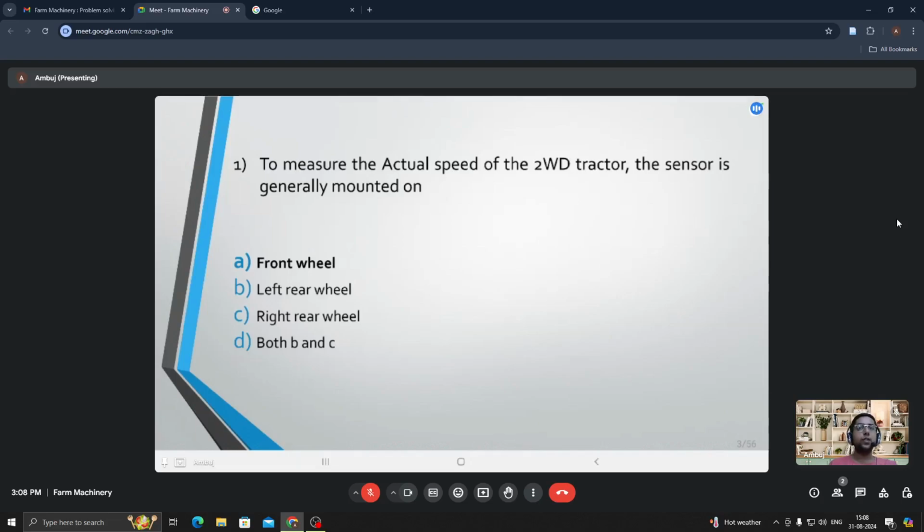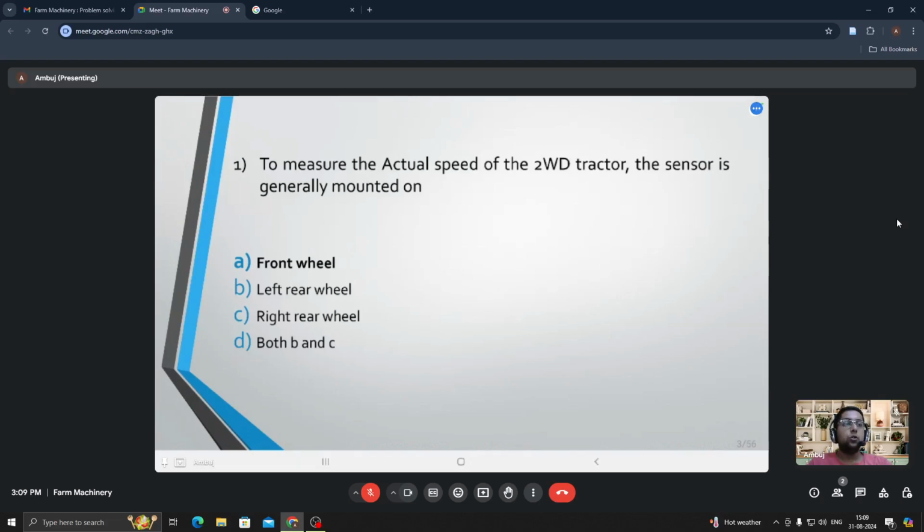So the correct option would be front wheel. Why? Because in case of a 2WD tractor, the torque is generated by the rear wheels only. The driving wheels generate the torque.